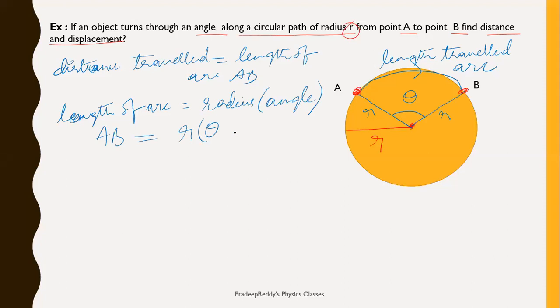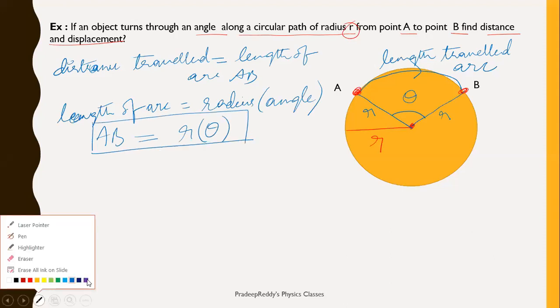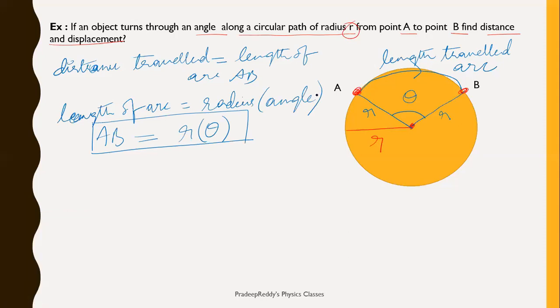This is the total distance traveled from A to B. Now, I want to find out displacement in this case. In order to find out the displacement, you will be using Pythagoras theorem. Displacement is this.